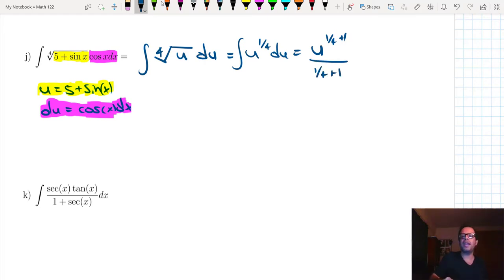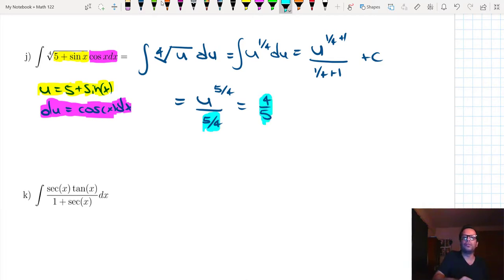What do we get when we add 1 to 1/4? This is going to be 1 plus 1/4, that's 5/4. Divide by 5/4. Dividing by 5/4 is the same as multiplying by the reciprocal, which is 4/5.